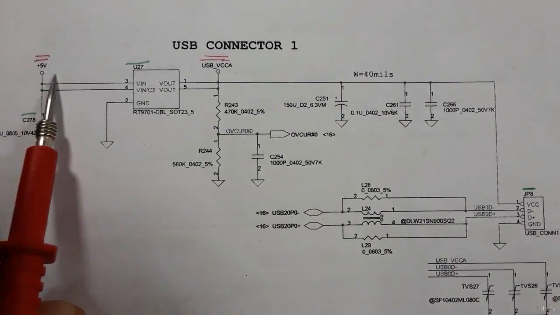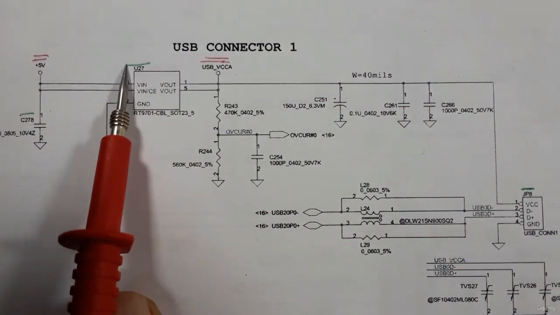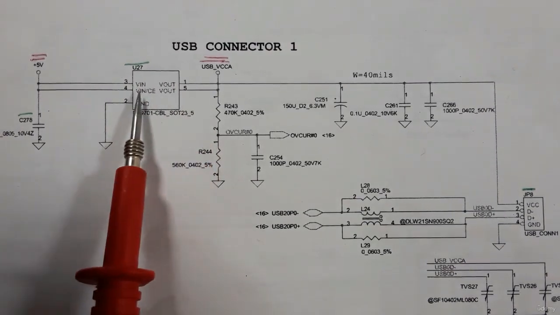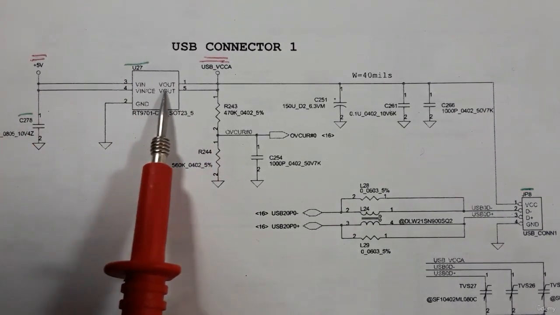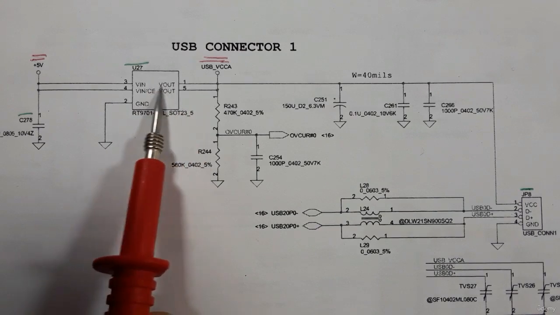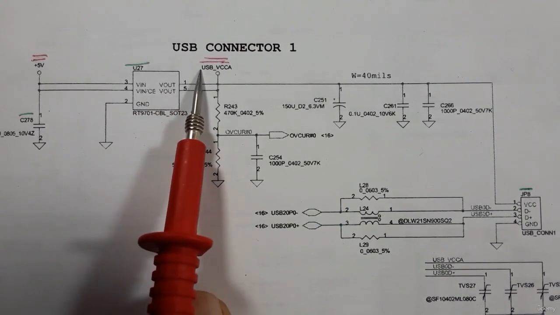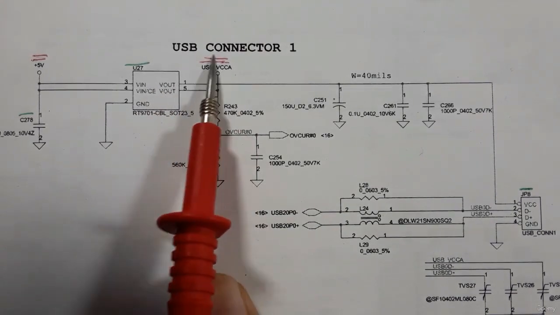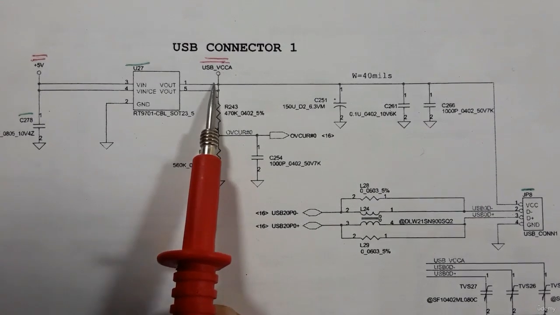So we have here 5 volt, and this IC will convert it. As you see, we have here V in 5 volt, and this IC will give V out 5 volt. It's called USB VCCA.